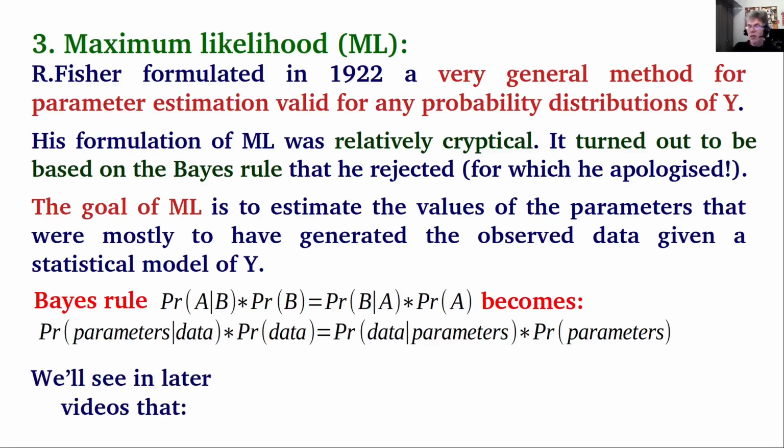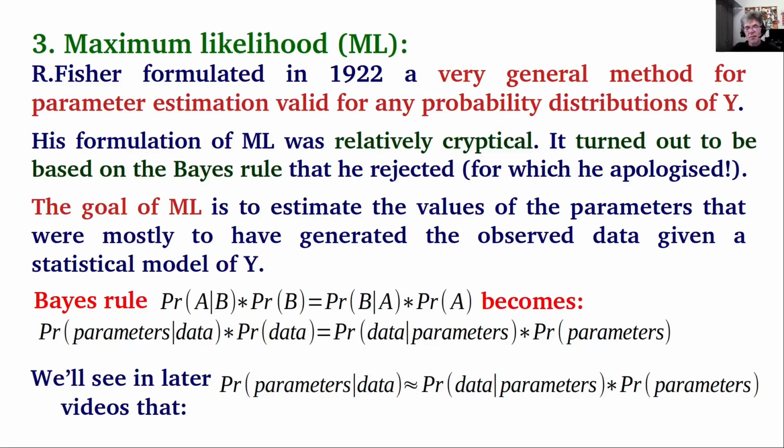We will see in the next video, devoted to Bayesian parameter estimation, that the second term on the left-hand side is dismissed, so that the probability of observing the parameters given the data becomes proportional to the product on the right-hand side.